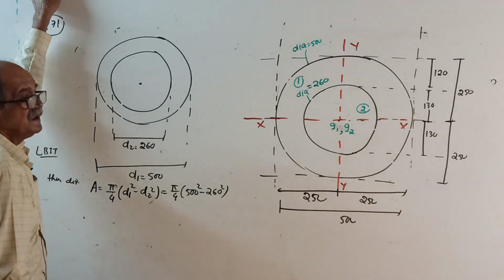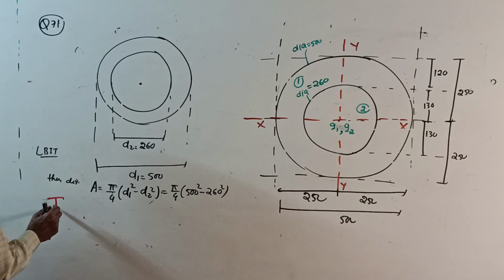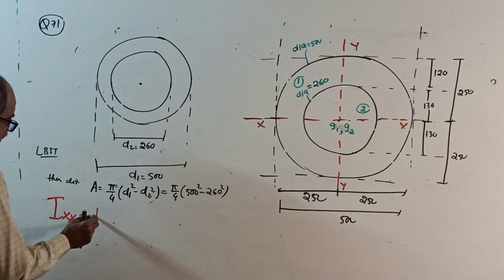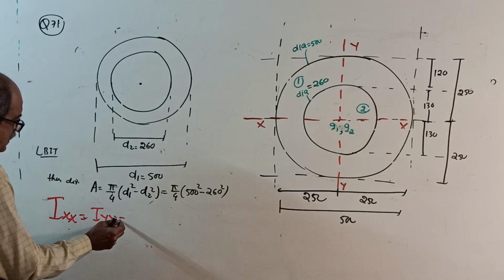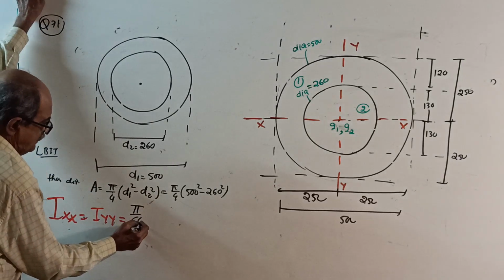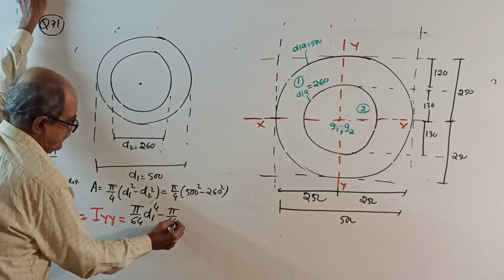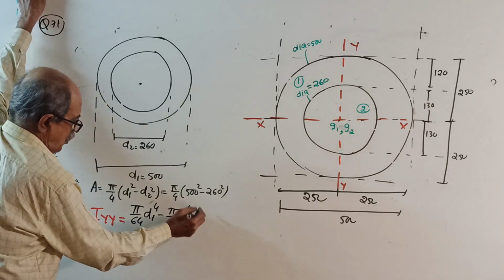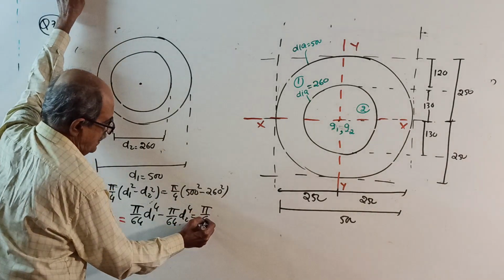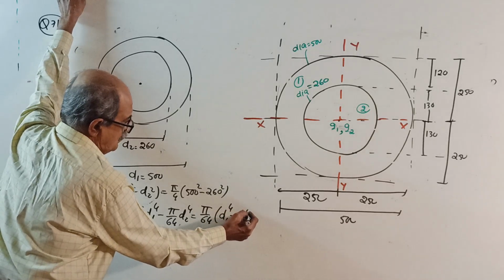In simple stress and strains, you require area. And also remember, your I about XX equals I about YY equals pi by 64 of D1 power 4 minus pi by 64 of D2 power 4, or you can tell pi by 64 of D1 power 4 minus D2 power 4.